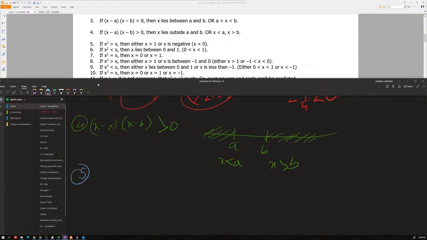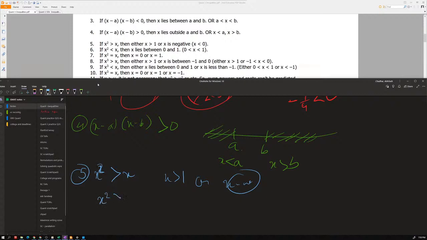Let's take the fifth one, which says x square is greater than x. When x square is greater than x, then either x is greater than 1 or x is negative. Why do we say that? Because x square can be positive or negative, right?